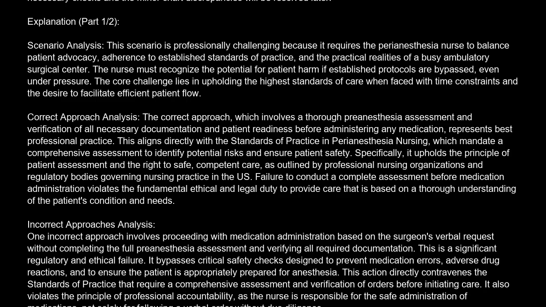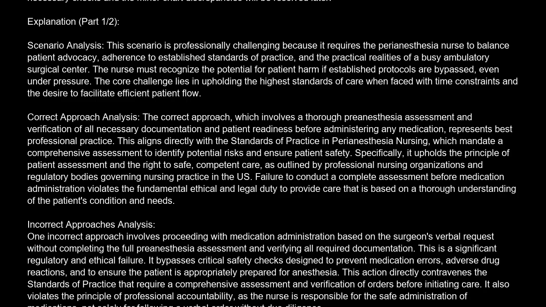Incorrect approaches analysis. One incorrect approach involves proceeding with medication administration based on the surgeon's verbal request without completing the full pre-anesthesia assessment and verifying all required documentation. This is a significant regulatory and ethical failure. It bypasses critical safety checks designed to prevent medication errors, adverse drug reactions, and to ensure the patient is appropriately prepared for anesthesia.